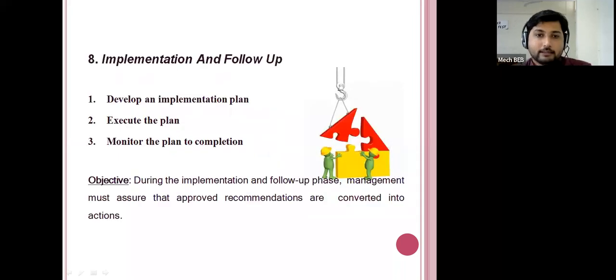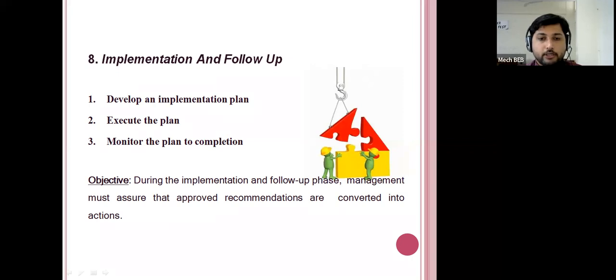Okay, then the eighth step is nothing but implementation and follow-up. Whatever alternatives are selected, those alternatives are developed and implemented according to the plan. Then the plan will be executed, and that will be monitored according to the timeline of that particular plan.